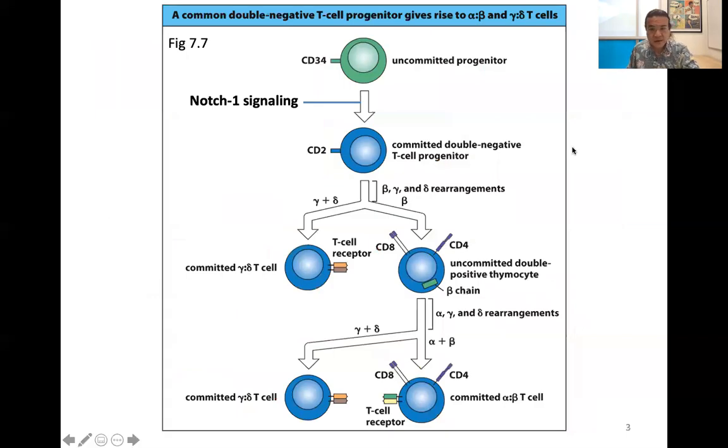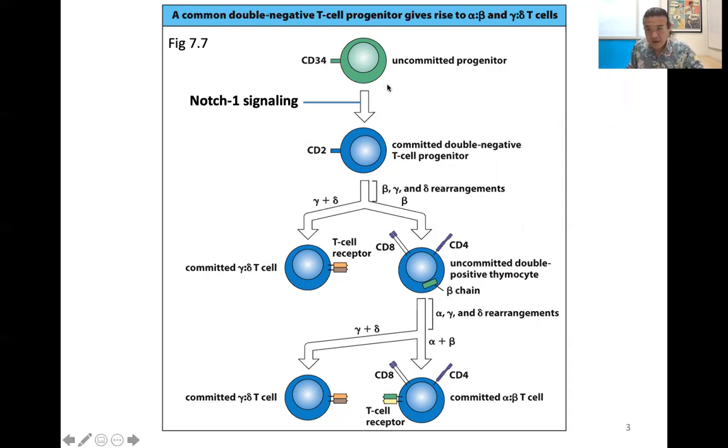All right, so let's look a little bit more at this whole idea of how a developing T cell gets to that point when it really decides to be either killer or helper. Because up until now, when we've talked about the development of T cells, the pathway has been the same for both. We studied this last time.